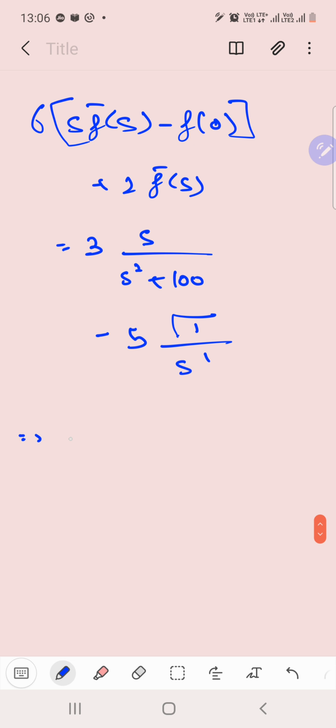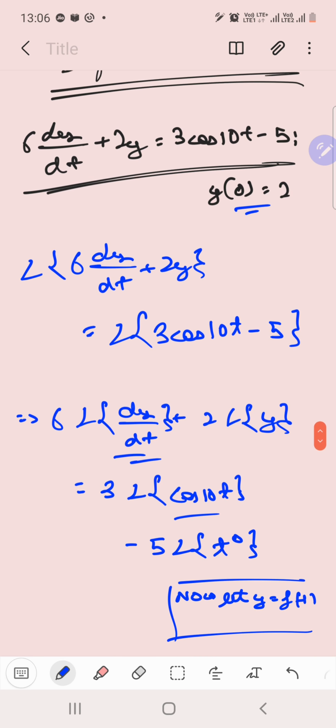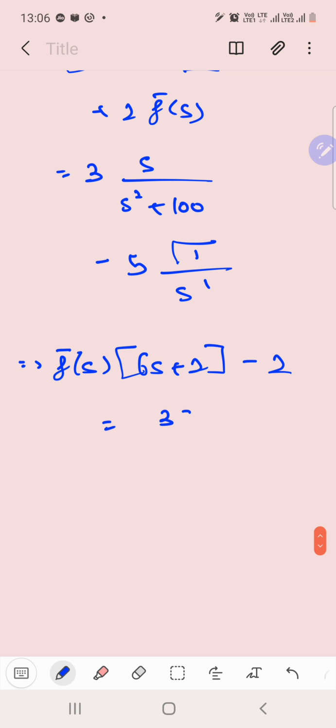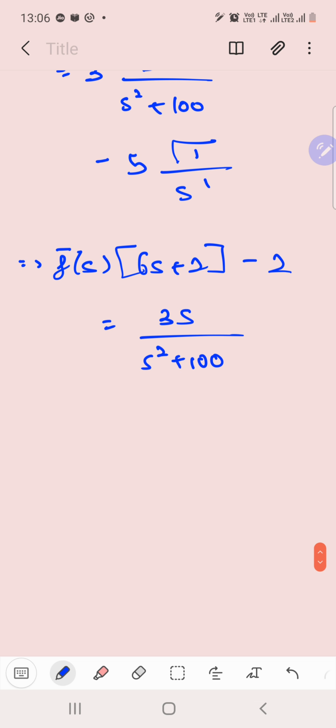Basically, taking f bar s common, we have 6s plus 2. What is f(0)? y(0) is given here to be 2. So this is minus 2, equals 3s over s square plus 100 minus 5.